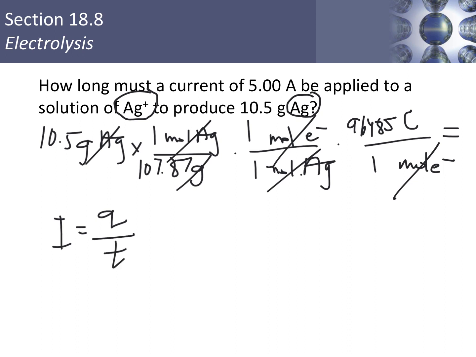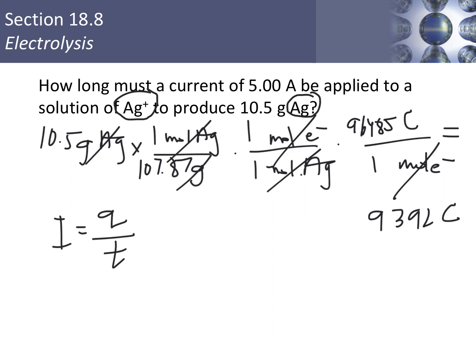And if you want to rearrange that equation and use it as a factor, that is fine too. But this would be 9,392 coulombs, which I then can plug in to my little equation here.